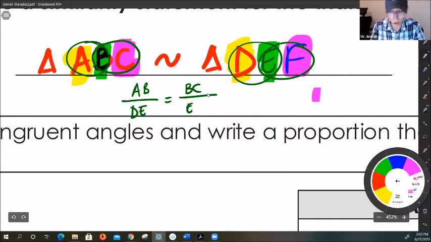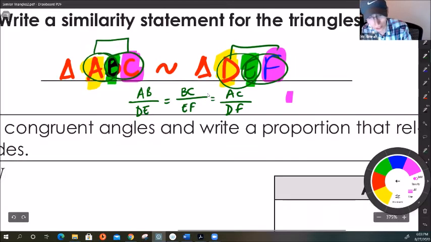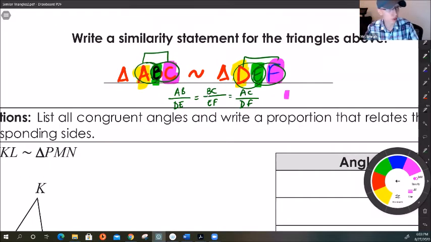These are not congruent, just proportional. And the ratio of AC to DF will be proportional as well. All of these proportions are equal to each other. So if you can write your similarity statement correctly, you don't need to look at the shape anymore to write down your equations.